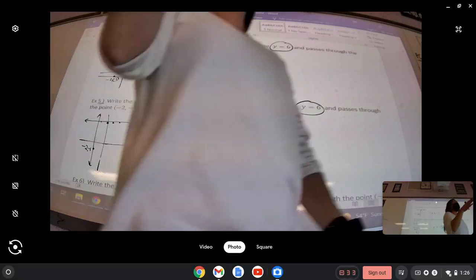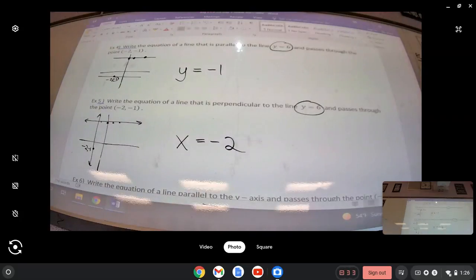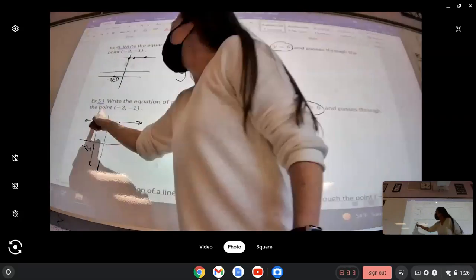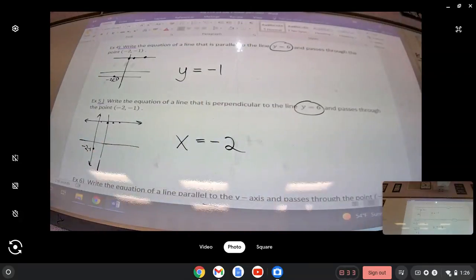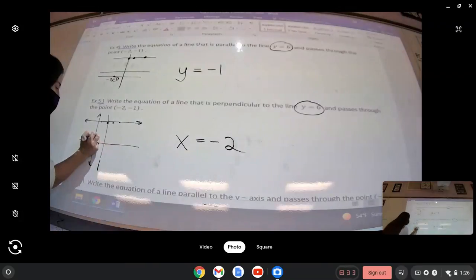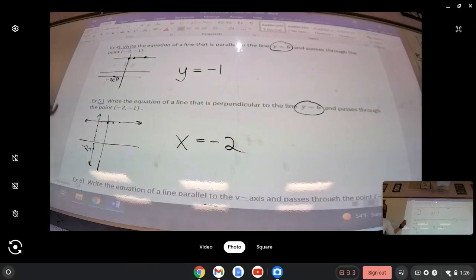Yes. But guys, if you're sitting here, and I know this is going to sound so harsh, but if you can look at this line and you can't determine which coordinate doesn't change, as a junior in high school, you are telling me right now that trying to figure out which coordinate is always the same is very scary. Because you learn a coordinate plane in 7th grade, and you have used it every year since. And you are telling me that as a junior, you can't figure out which coordinate stays the same, or who's changing and who's not.